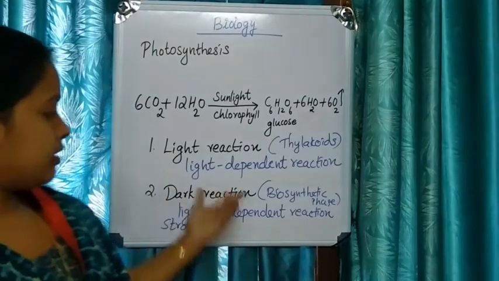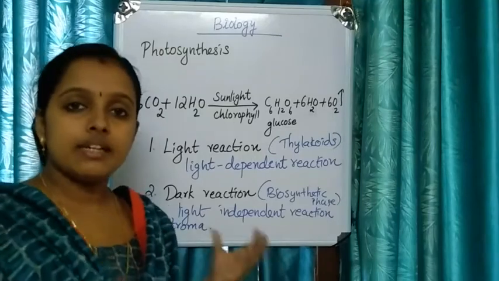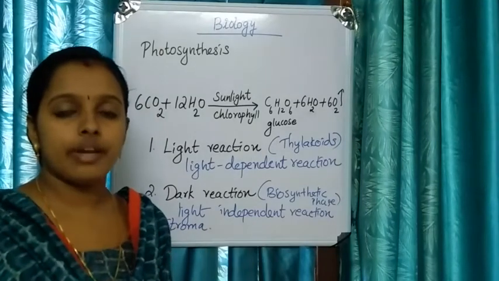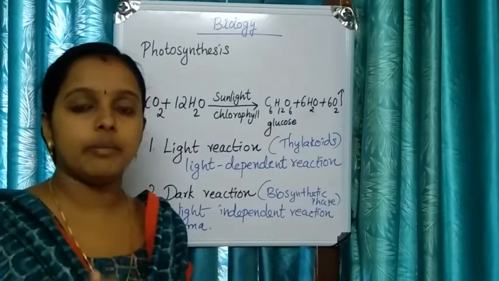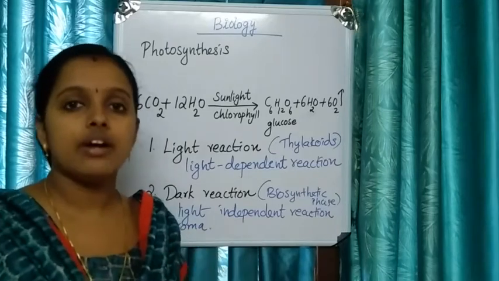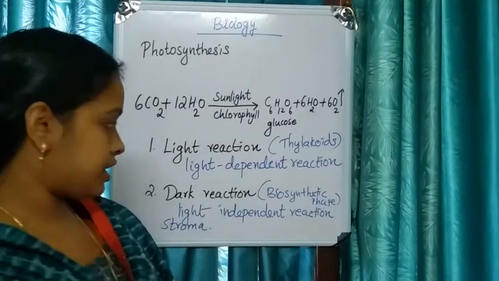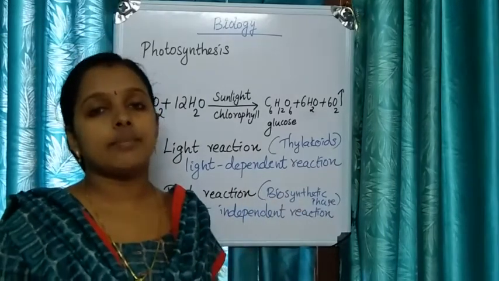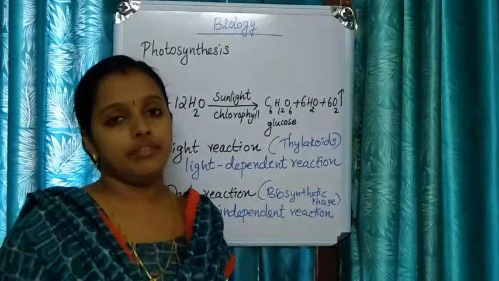The term dark reaction means this phase does not require light. Even though it takes place during daytime, this phase does not require light for that process. That is the meaning of dark reaction. Mainly the glucose is produced in this phase, and that is the biosynthetic phase.